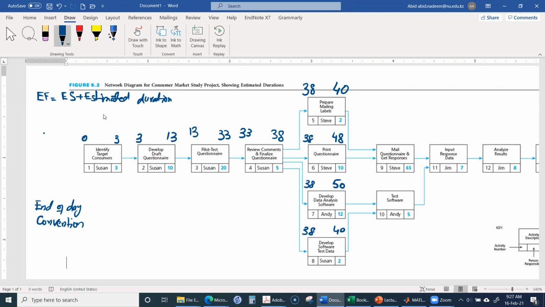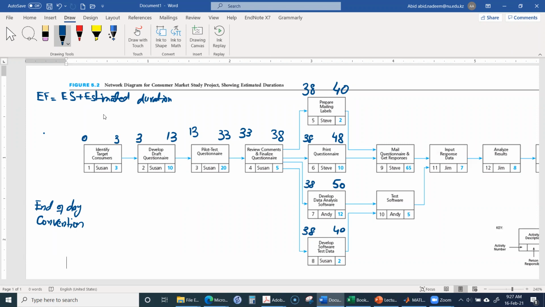Now here, for mail the questionnaire and get responses, what will be the starting time? It can be 48 or it can be 40 as well. But from 40 and 48, we will take the highest time, because this activity has to wait for all the preceding activities to complete.